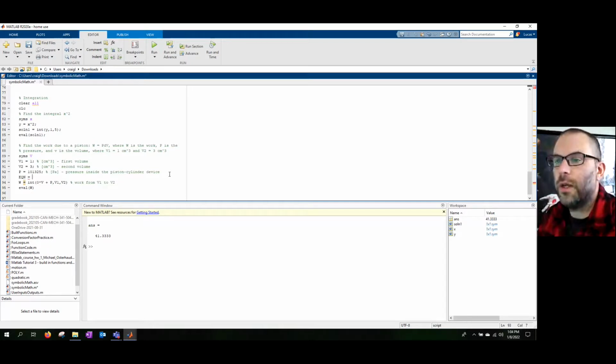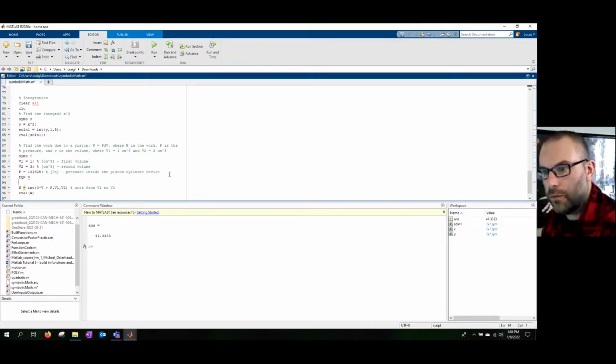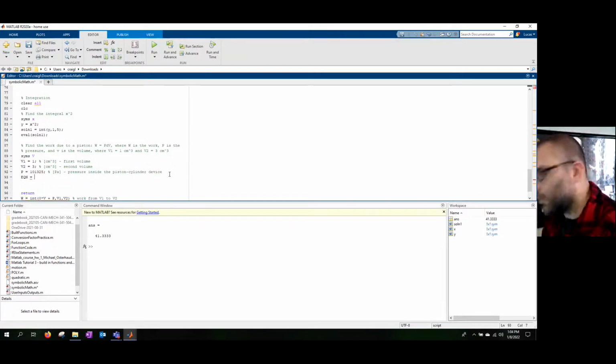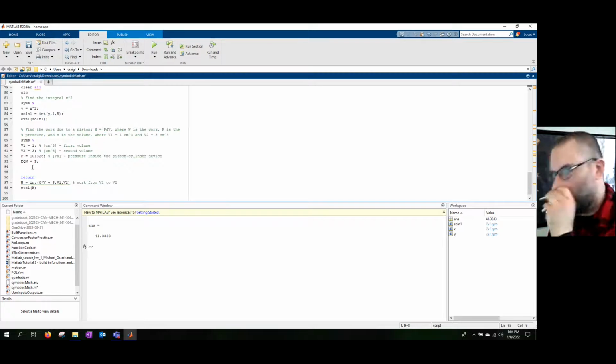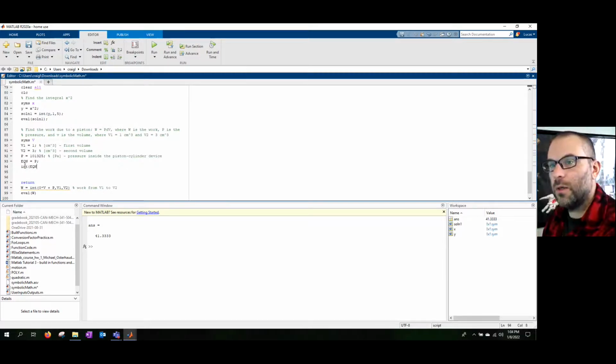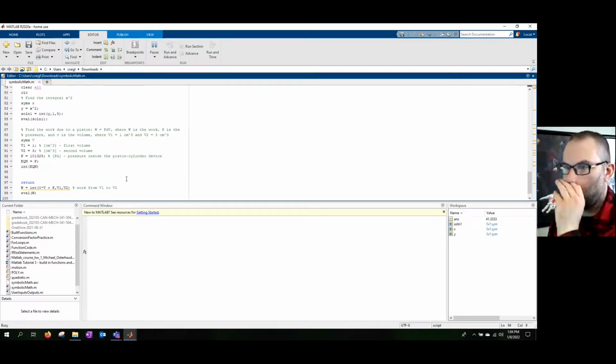Just to review, we're integrating P over this change in volumes. If you integrate the equation, you're going to get this, watch.